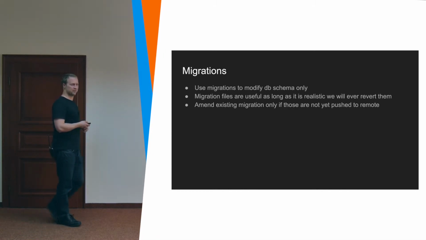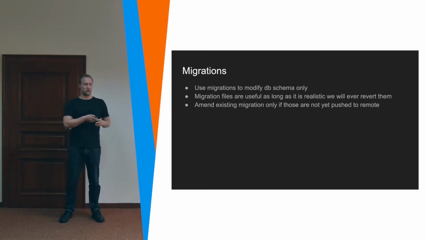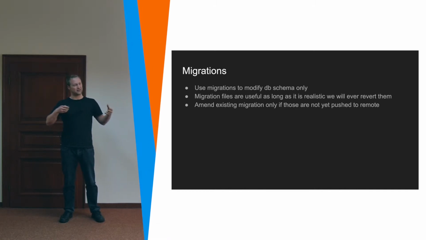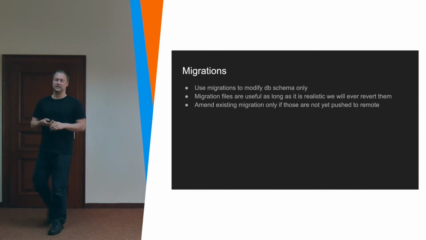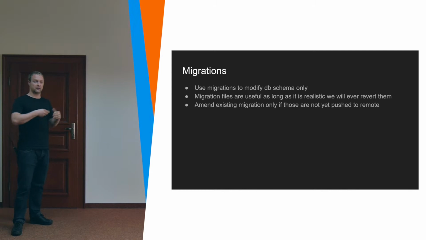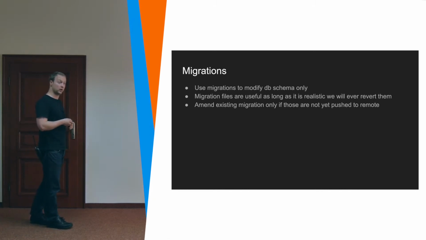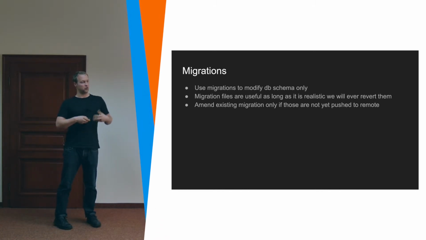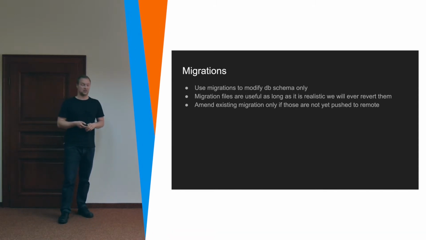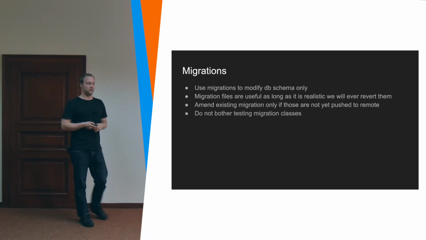Because it causes problems for the other developer when you change your code in a migration and he already ran it, but the schema is actually different, right? So whenever you have pushed your migration to a remote that somebody is working with, just amend it with a new migration instead. Later on, you probably will delete both at this cleanup stage that I have mentioned a bit before.